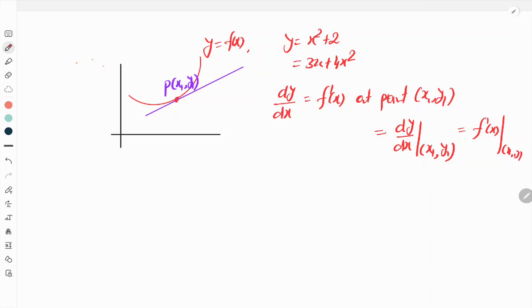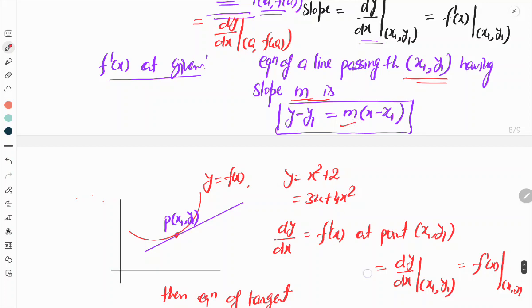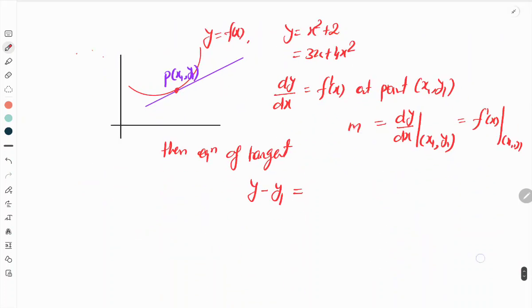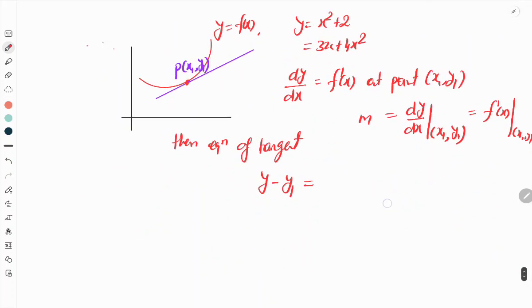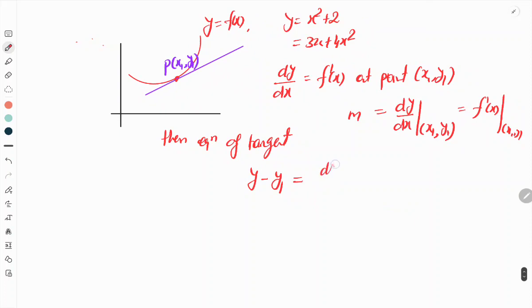Okay, and then the equation of tangent will be what? The equation of tangent: y minus y1 is equal to m, the slope. Here the slope is dy by dx at (x1, y1). So y minus y1 is equal to the slope dy by dx at (x1, y1) into (x minus x1).